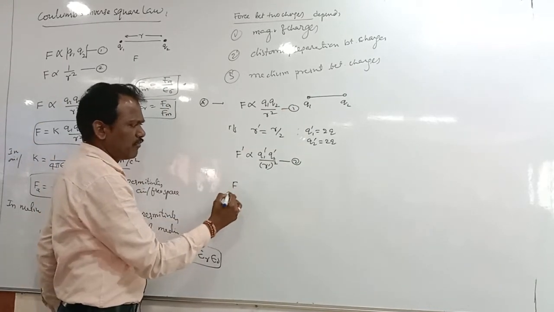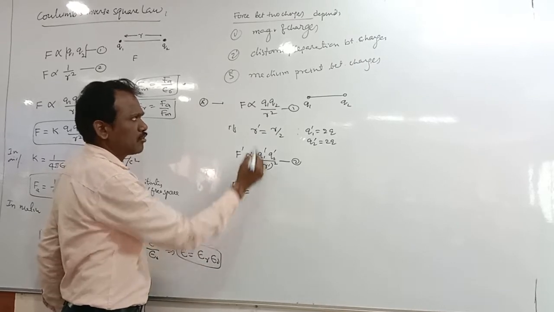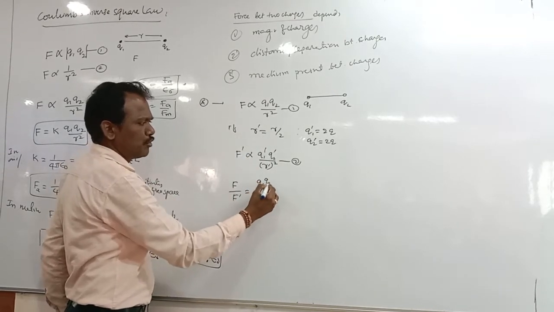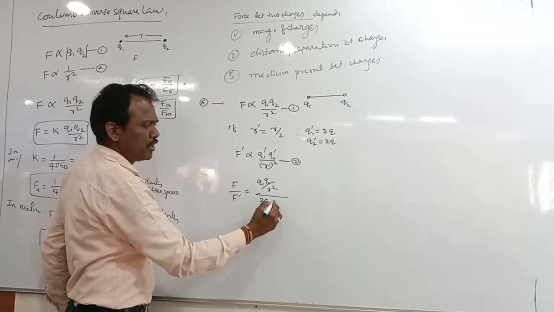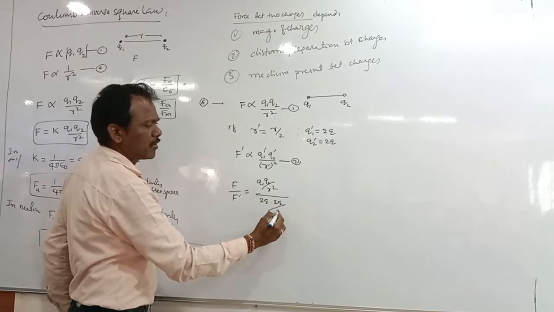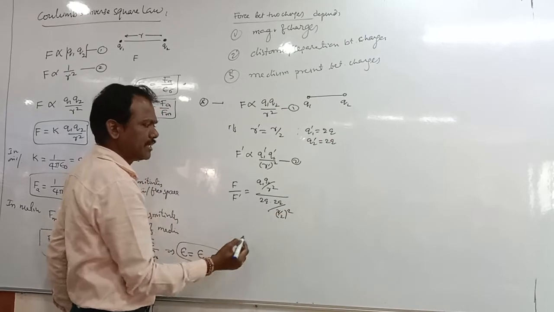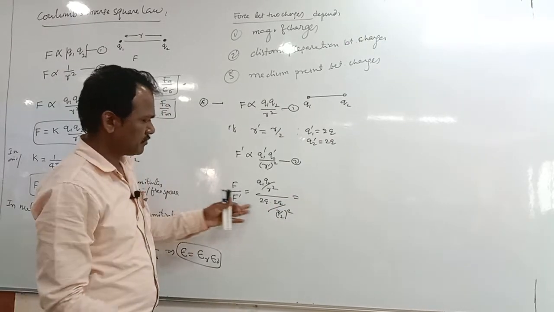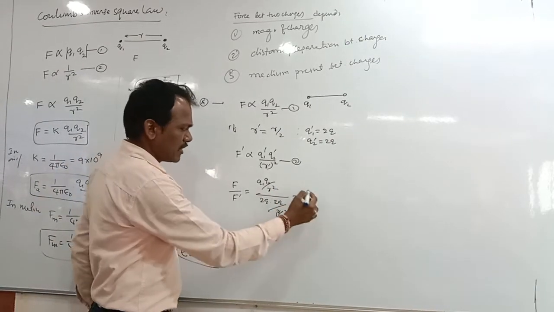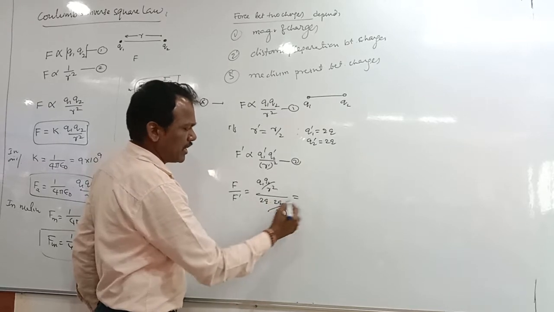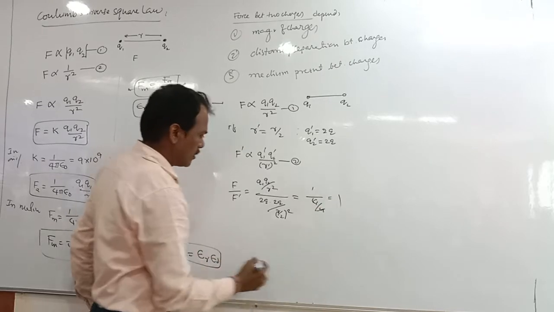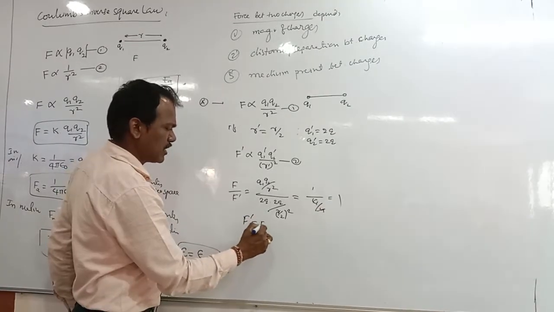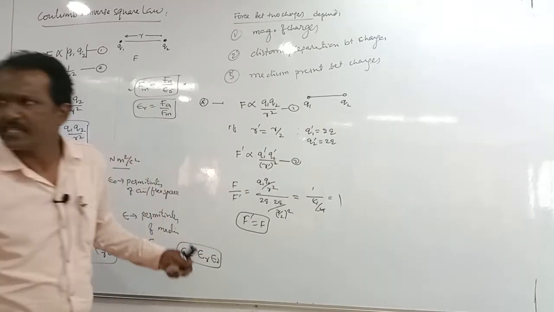So F by F dash is equal to Q1 Q2 by R square divided by 2Q into 2Q by R by 2 whole square, right? Then we can get q1 q2 by r square, here 1 divided by 4 by 4, it is again 1. So F dash is equal to F, right?